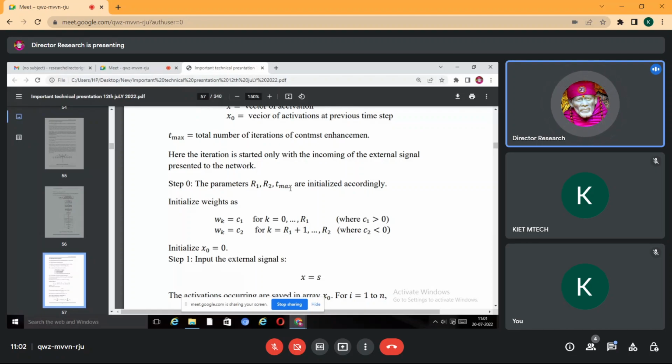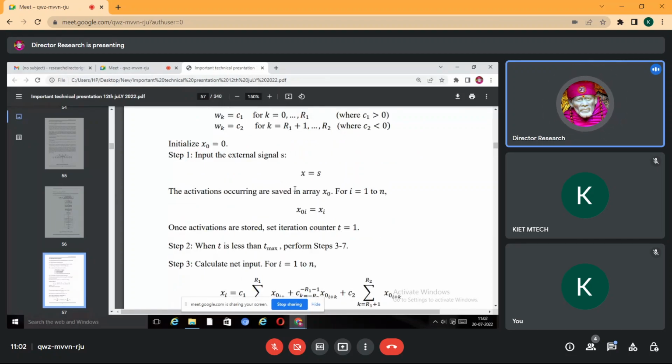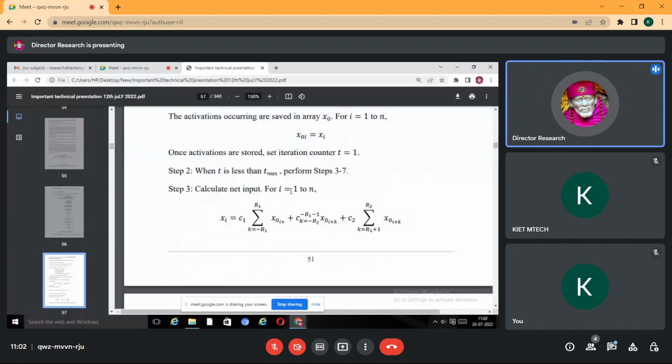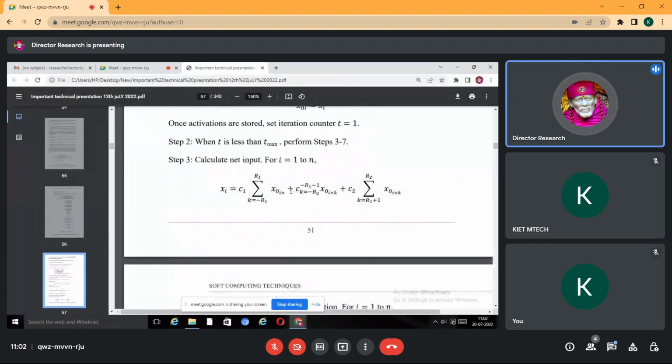Algorithm steps are derived from the architecture. Each and every step is very much useful to write a code. Where is this algorithm, Mexican hat net, used? That is most important.